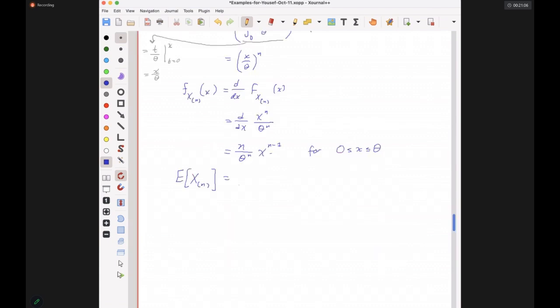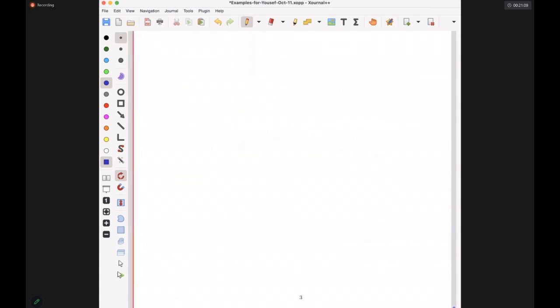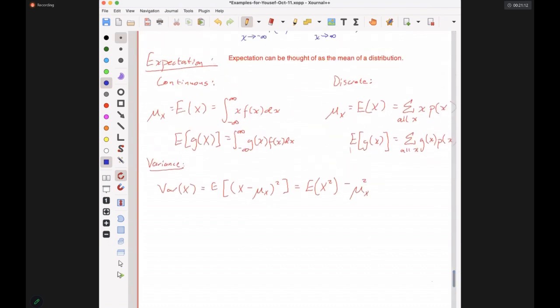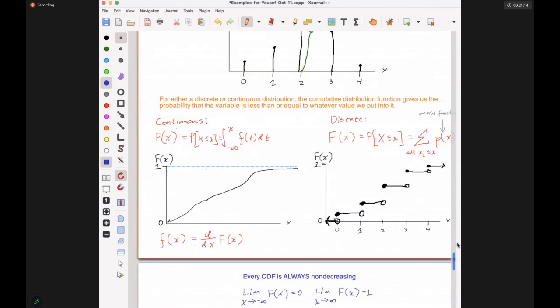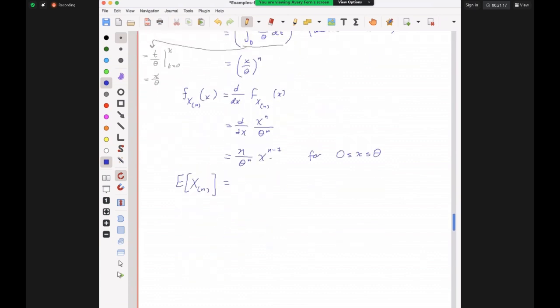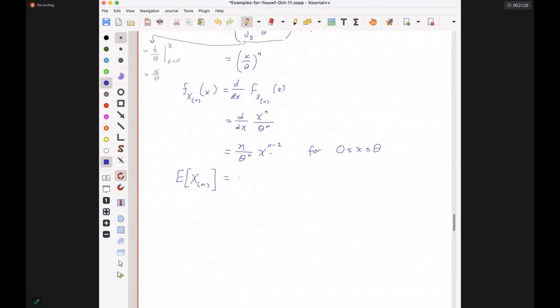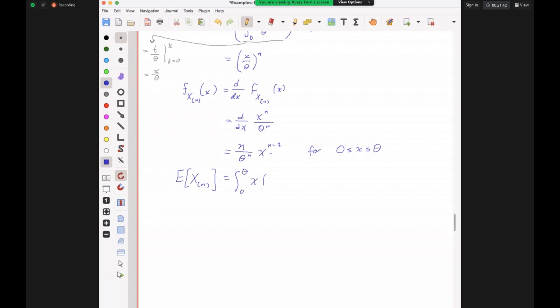So that's what we'll do here. And the range of x, like we said, is 0 to theta. It says x times f of x dx.